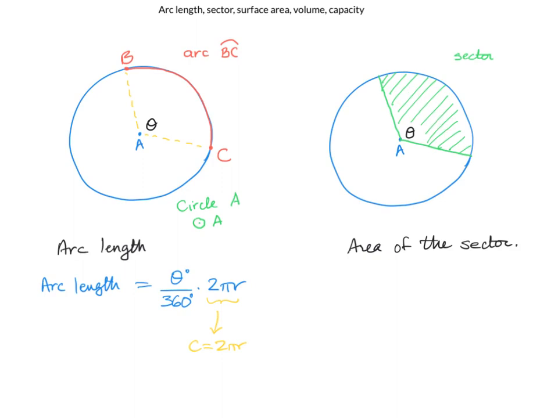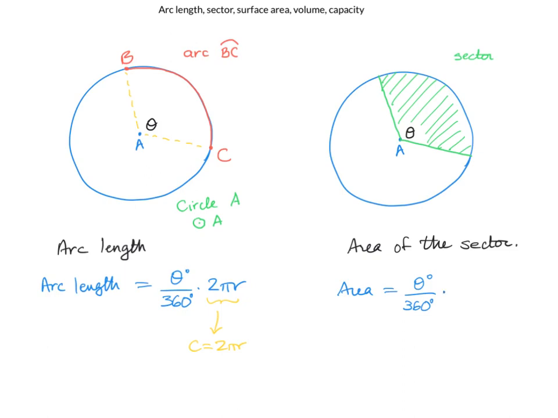Now, once again, to get the area of the sector, I need to know what fraction of the whole circle I'm dealing with, and then I need to compare that to the area of the entire circle. The fraction of the circle is going to be theta out of 360, because 360 would have been the whole circle. So whatever angle I get, I divide by 360. That tells me the fraction of the circle.